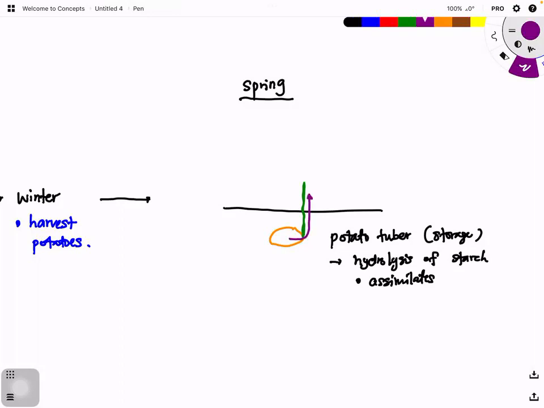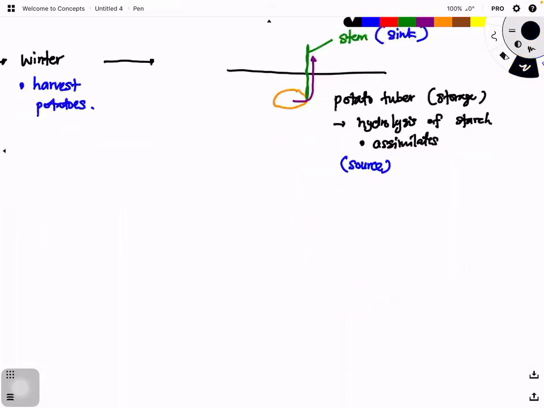Can I say the direction is different already? During the summer the direction goes down, and during the spring the direction is up. In this case, the potato tuber acts as the source and the stem receives, so the stem acts as the sink. This shows that the direction is bidirectional.